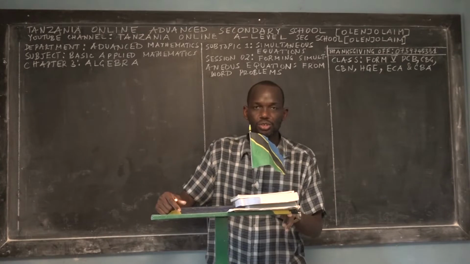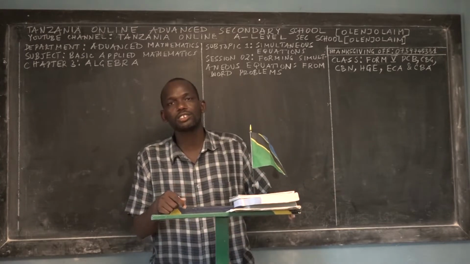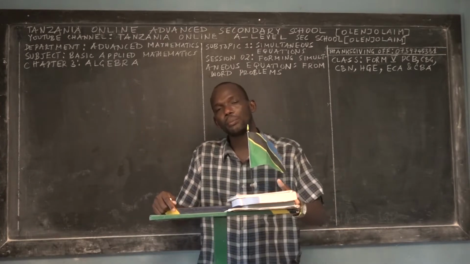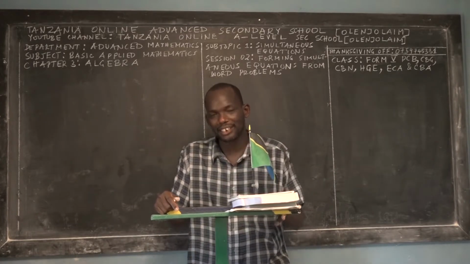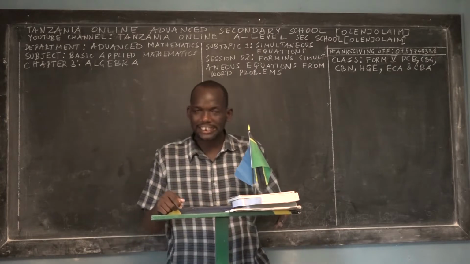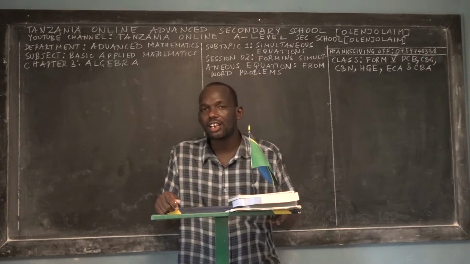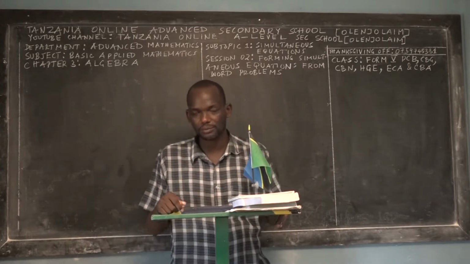So you have been thinking a lot about how you can help, or what support you can give to your child in order to master basic applied mathematics as one of the subsidiary subjects in his or her combination for advanced education.